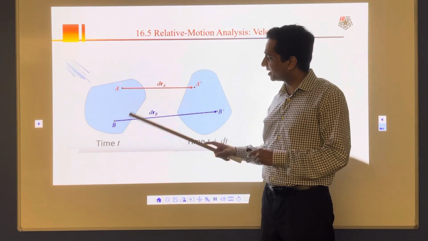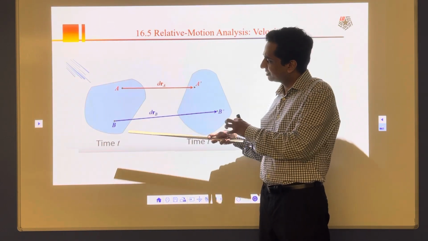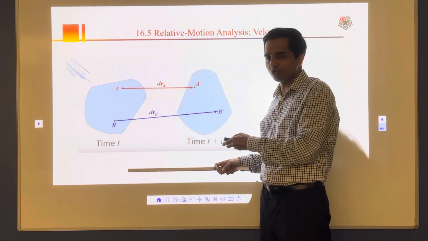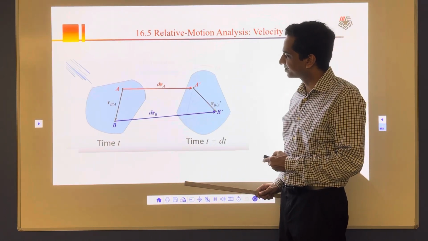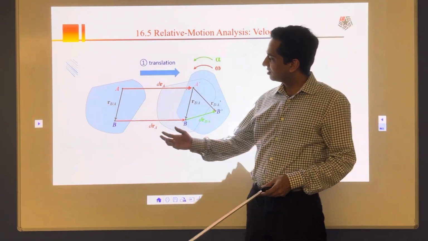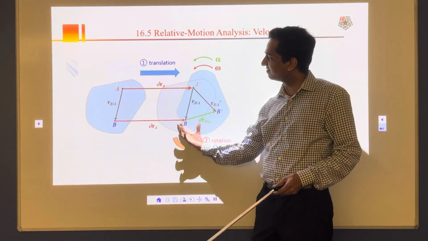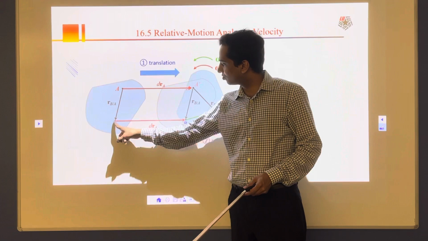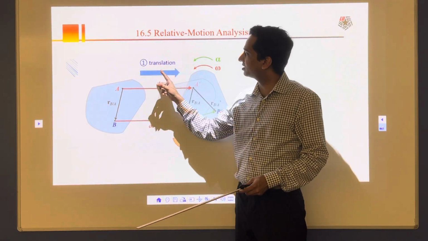Now if I resolve this motion of the body into two components, one is translation and then rotation. First I say that this body translated itself, which means drb is equal to dra, and this stays the same. That's my first part, translation.